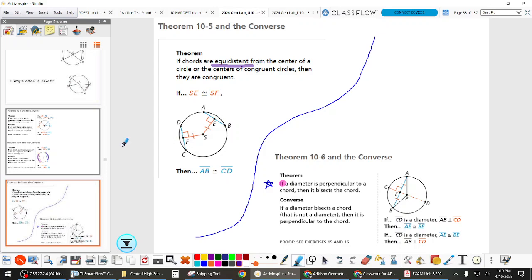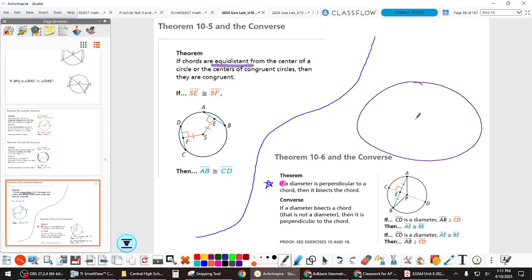Any issues with that one? Okay. And then diameter or radius, if it's perpendicular, it bisects the chord. What does the word bisect mean? Do you remember that one? Splits it in half. So again, if we're perpendicular, I'm going to draw this a little bit less busy than that.